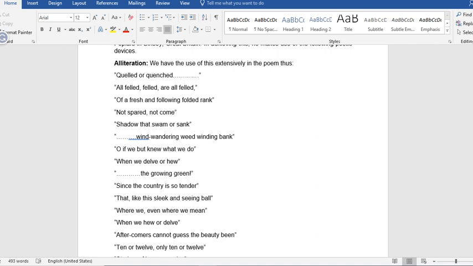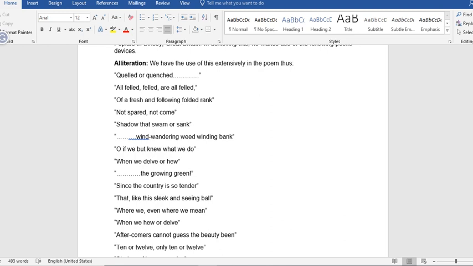We have "fresh" and "following", the repetition of f. "Shadow that swam or sank", "wandering with a winding bank", that is a repetition of w.